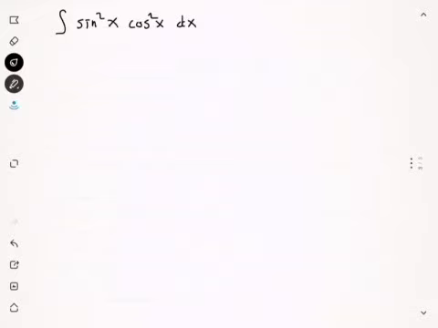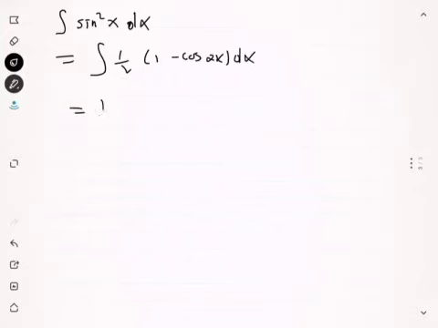I'm just going to do something easier. So let's say you have the integral of sine squared dx. You just write that sine squared as 1/2 times 1 minus cosine of 2x dx.